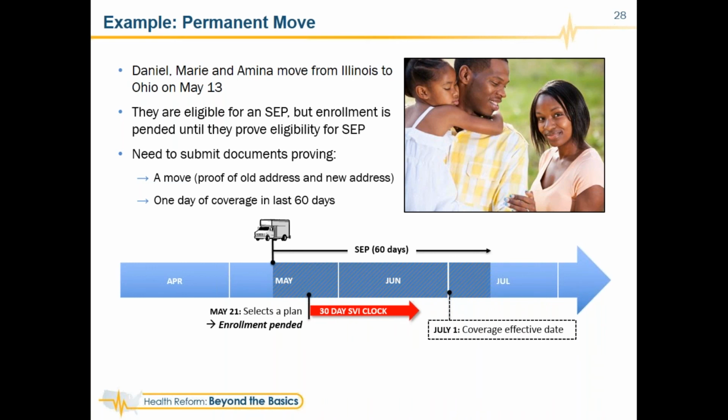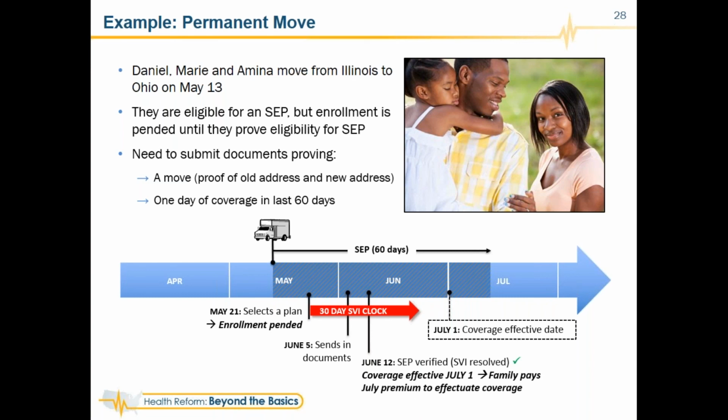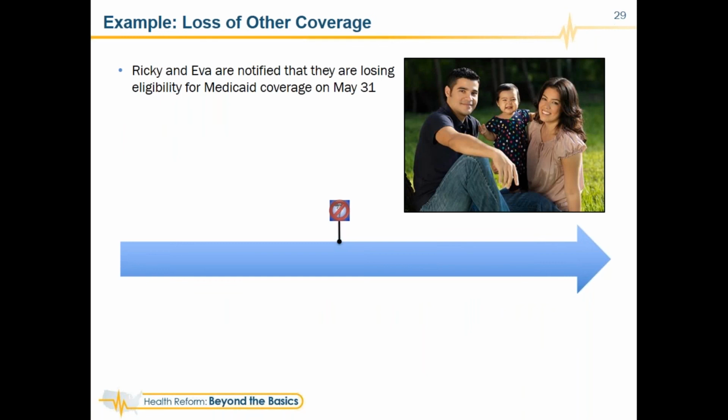They select a plan on May 21st, which starts their 30-day SVI clock. Got to get that verification in within 30 days. They send in documents on June 5th, and on June 12th, the SVI is resolved, and their coverage effective date is July 1.